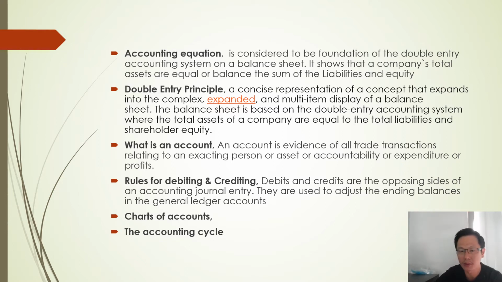What is an account? An account is an evidence of all trade transactions relating to an existing person or asset or accountability or expenditure or profit. Rules for debiting and crediting. Debits and credits are the opposing sides of an accounting journal entry.